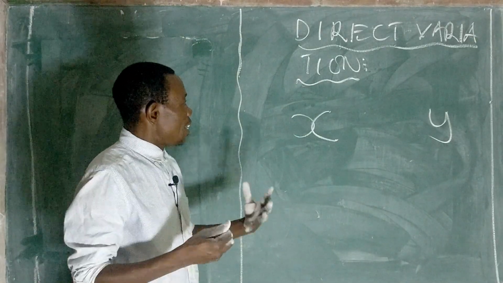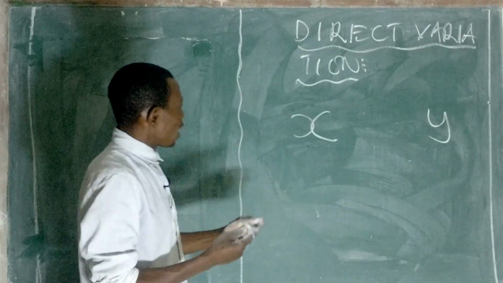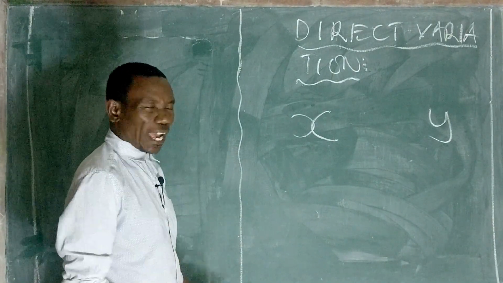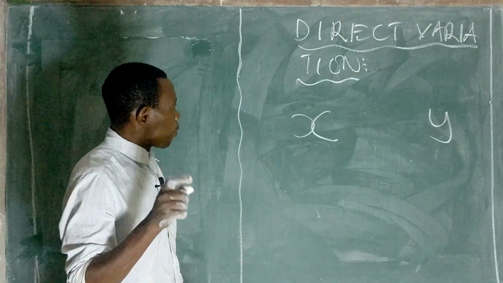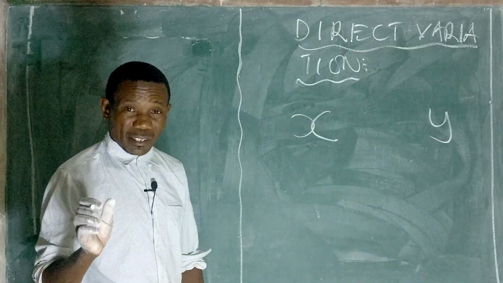So when we say quantities are varying directly with each other, how do they vary directly? That is the point that we need to focus on first before we go into examples and exercises.